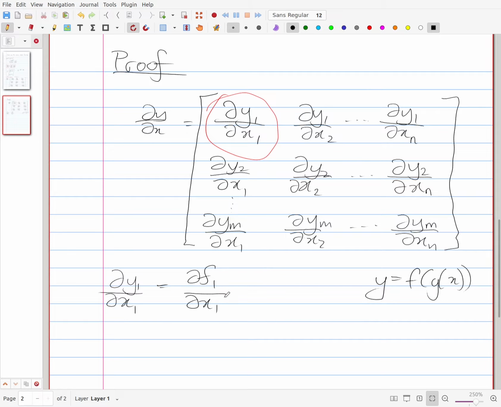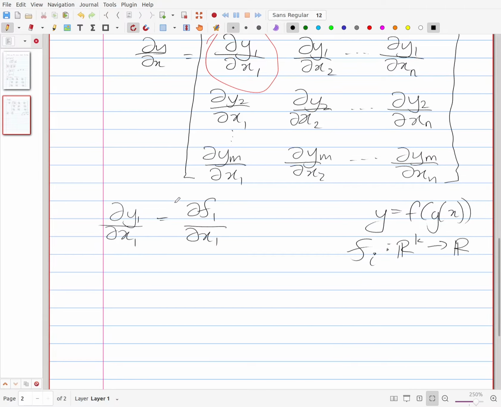Now this function f1 takes in a vector value as input, so it takes in g as input. Each of these component functions takes in Rk as input, and the output space is a real number. So if we want to compute this quantity here, since this f1 takes a vector as input, we have to use the multivariate chain rule.